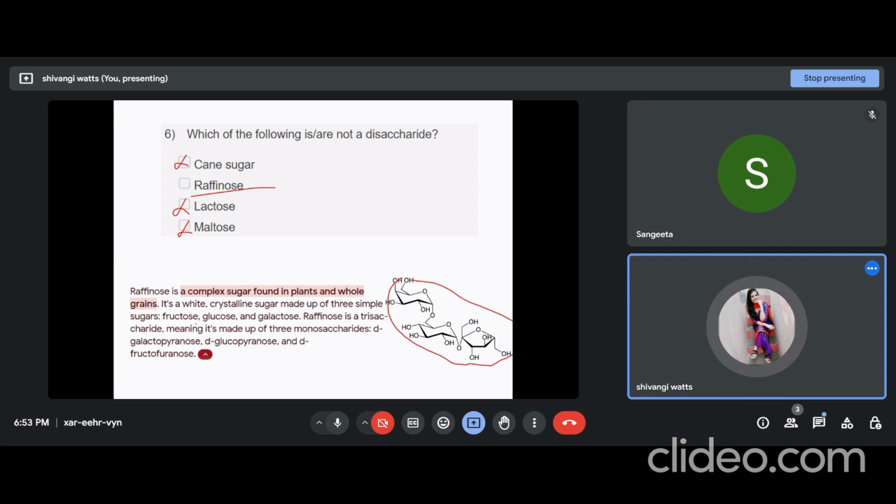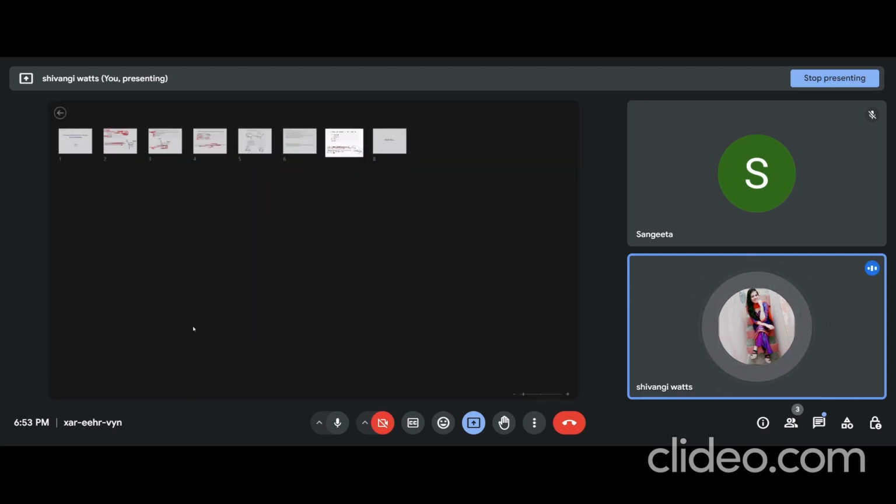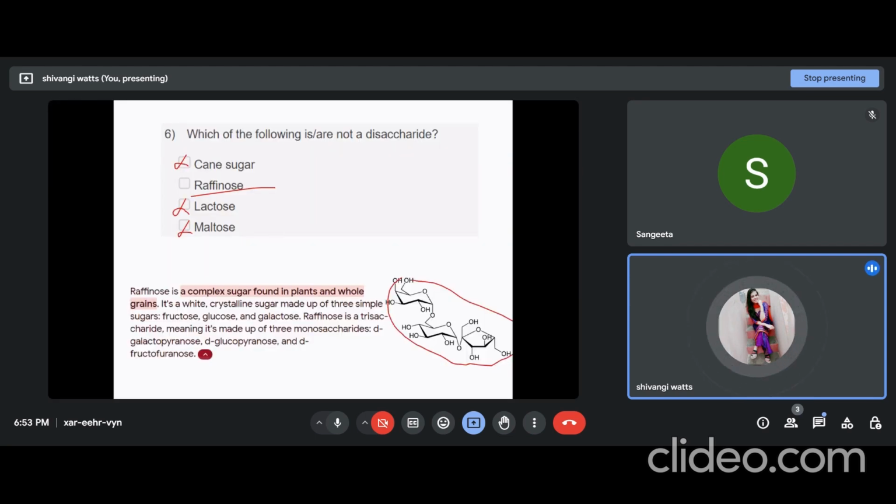So raffinose is a trisaccharide, meaning it is made up of three monosaccharides: D-galactopyranose, D-glucopyranose, and D-fructopyranose. So this is not a disaccharide, but a trisaccharide.